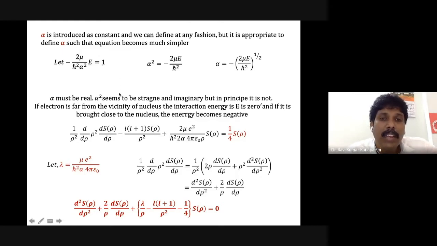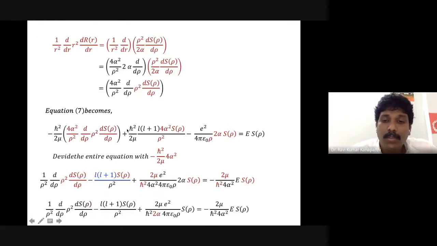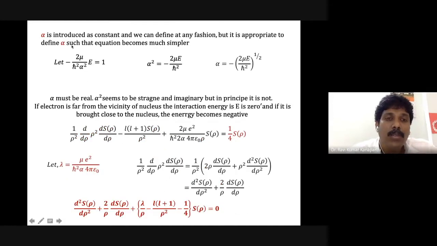I will define α such that this quantity, 2μE by ħ²α², becomes 1. Therefore, α has to be this quantity. So I will define my α such that this quantity becomes 1.